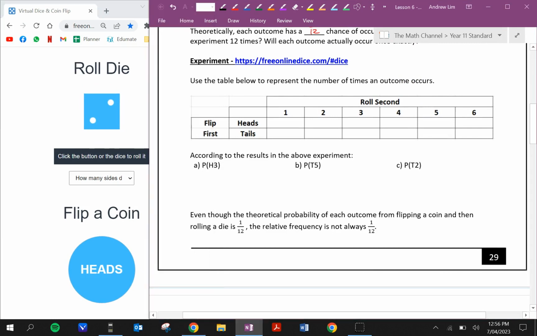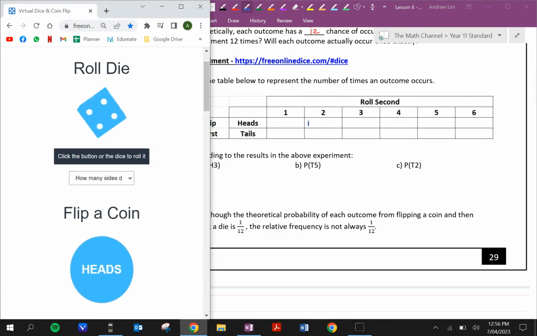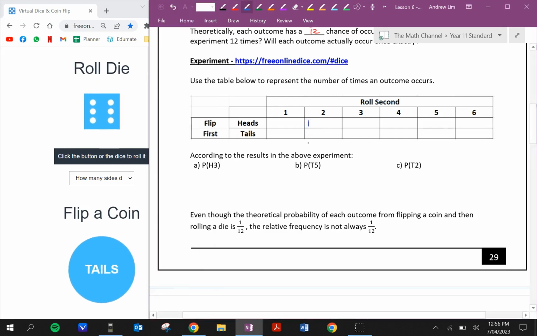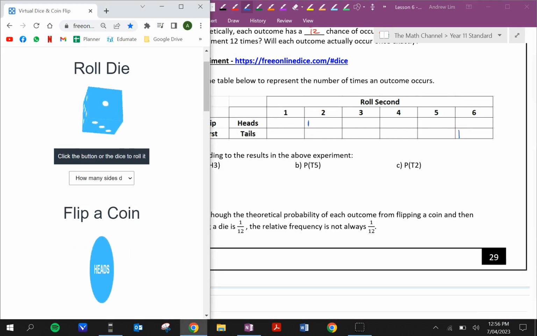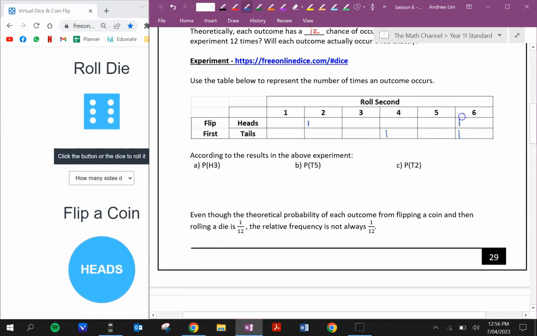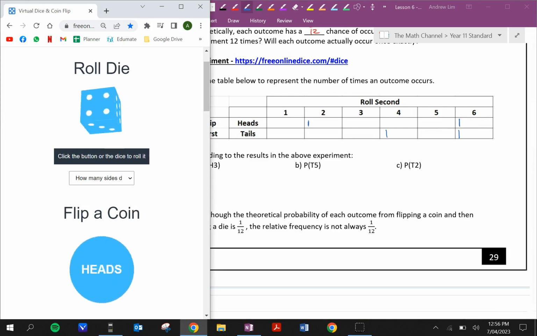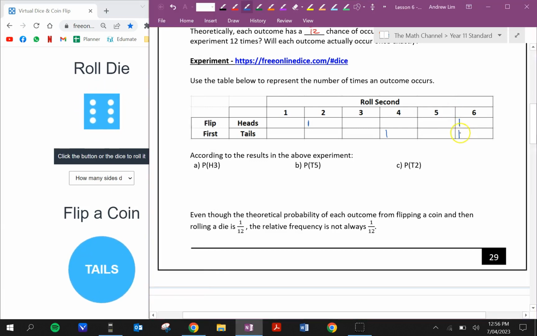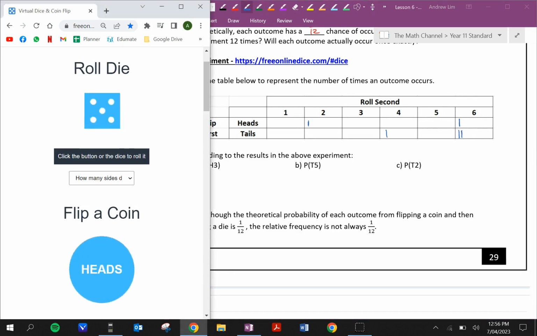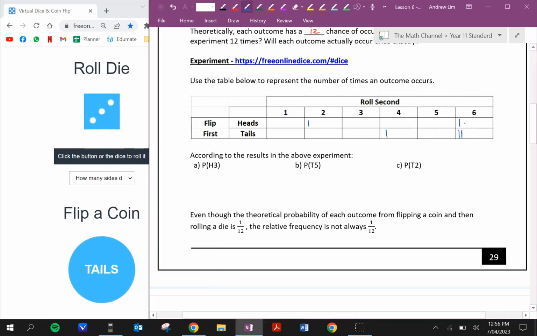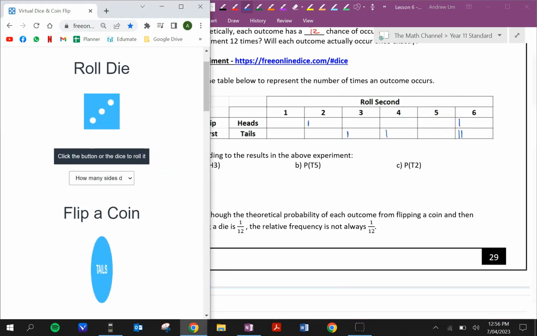So that's heads 2. So I'm just going to do a tally. Okay, heads 2. Tails 6. Tails 4. Heads 6. Tails 6. Tails 3. Heads 1.